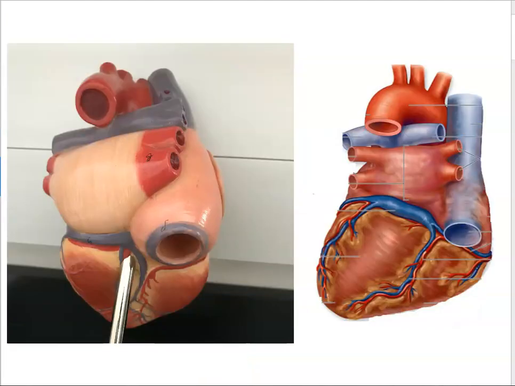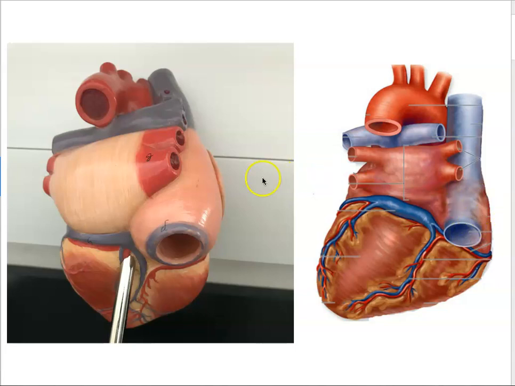Now, if we look at the external, the posterior part of our heart model, this is what you're going to see. And you will get confused, especially since this is a diagram. You go, where am I? If we look at this diagram, which you have on your worksheet, this is the superior vena cava, this is the inferior vena cava, this is the right atrium.